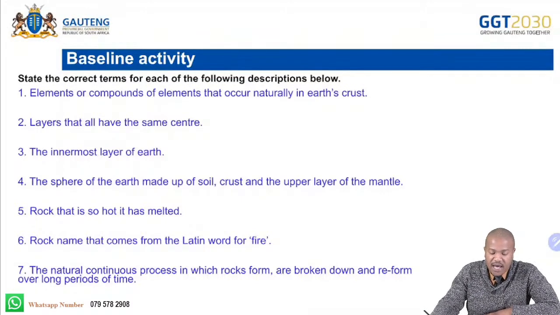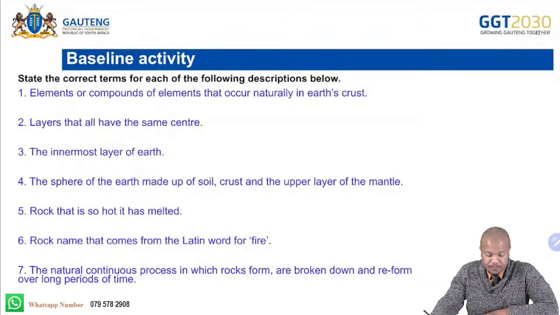layers that all have the same center. Number 3, the innermost layer of Earth. Number 4, the sphere of the Earth made up of soil, crust, and the upper layer of the mantle. Number 5, the rock that is so hot that it has melted.